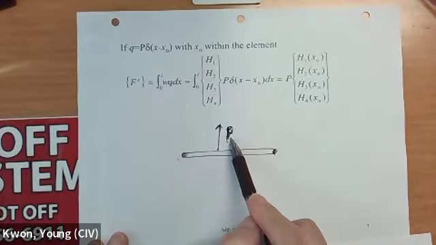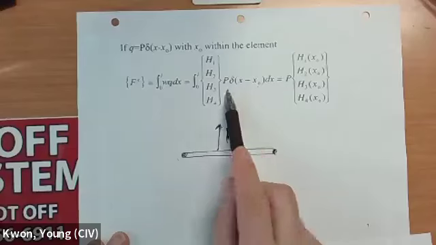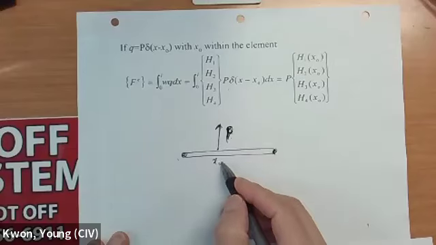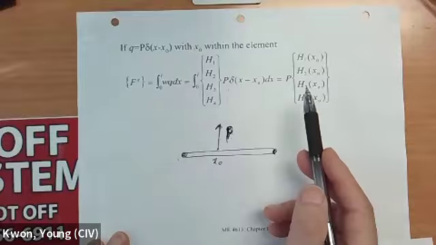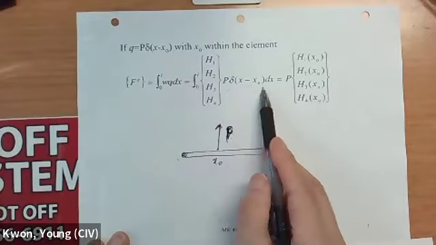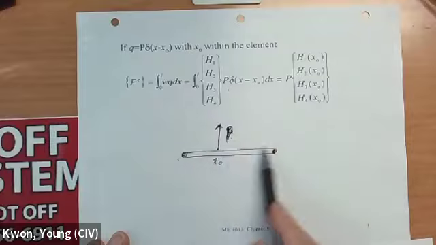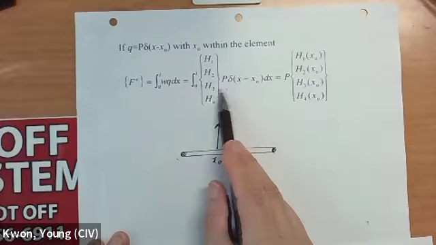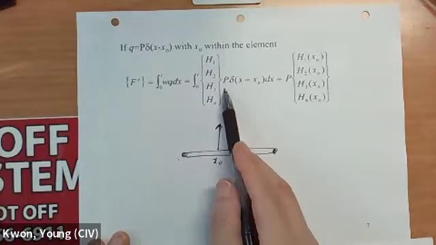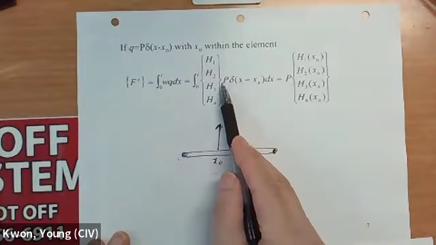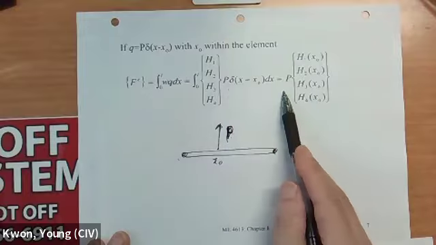Whenever you concentrate a quantity, it is represented by the delta function. So if this is going to be x naught, then P delta (x minus x naught). When x is x naught, the delta is 1, so it equals P. Otherwise, it's 0. That's the definition of the delta function. You take P outside because P is a finite value.